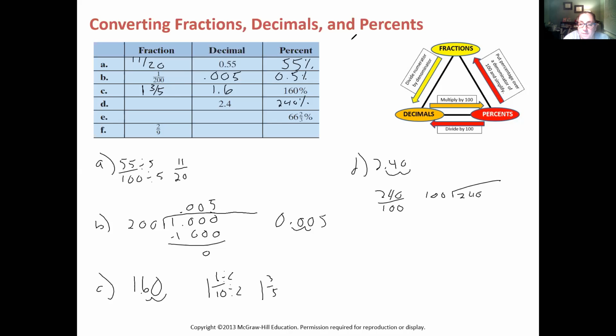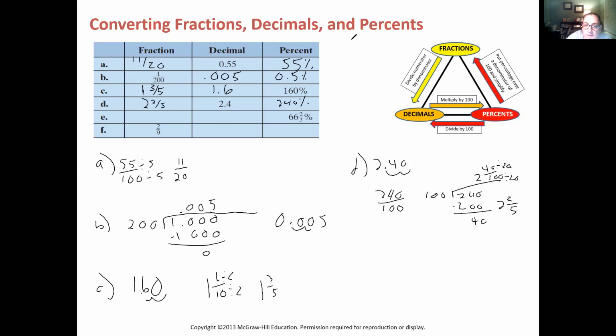Well, it's 240%. A percent is always over 100. And then this would be 200. The 2 and 40/100ths. And you get 2 and 2/5.